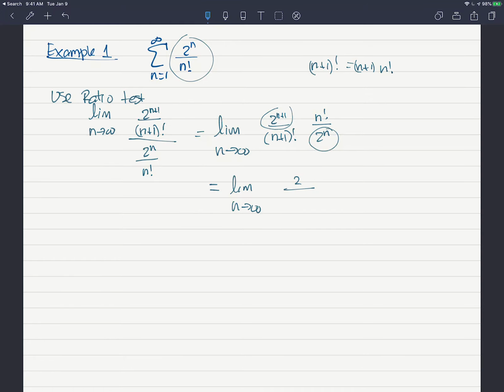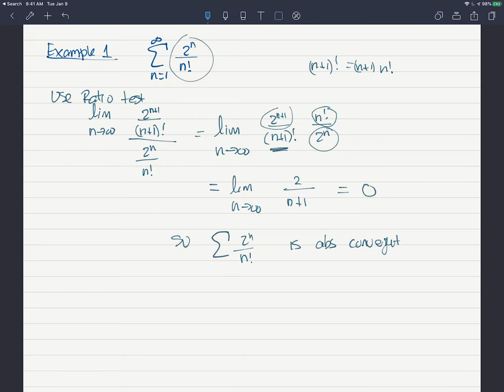So in that case, everything in here cancels, and only an n plus 1 remains in the bottom. So that limit is 0. So the series that we started with is absolutely convergent, and hence it's convergent because the limit is less than 1.